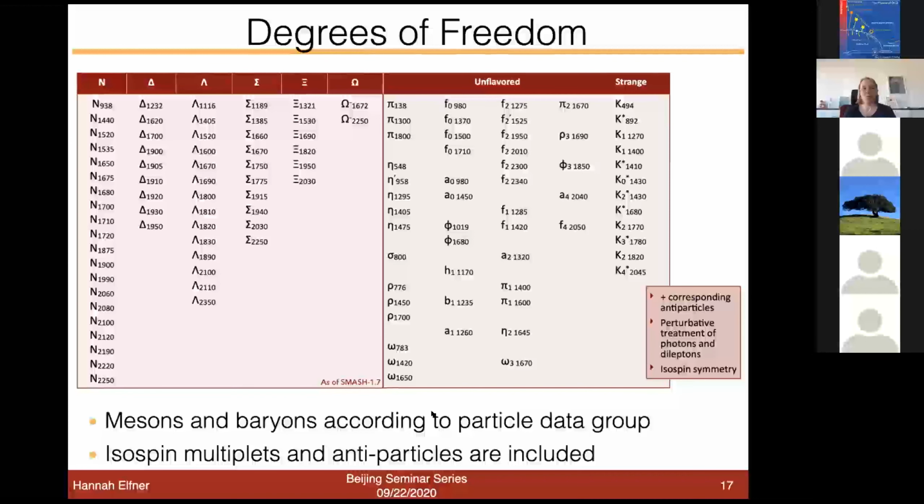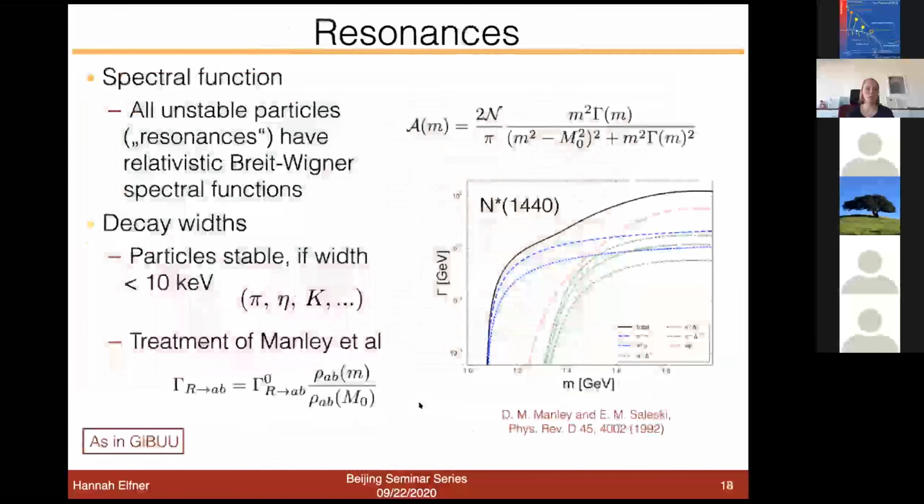Then I have this one word about how we treat resonances. So our resonances have relativistic Breit-Wigner spectral functions, so no explicit medium modifications of the width or so. And particles with very small width we decide to be stable, so we only treat the strong decays, no weak decays in our approach.